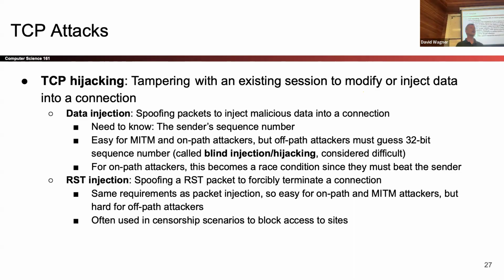It means that my attack surface, the people who can attack me, is limited to the on-path and man-in-the-middle attackers. If I have a connection to Amazon and it goes through 10 routers, those 10 routers could attack me. Maybe other machines on the same subnets could attack me. But random machines on the internet are unlikely to be on path.